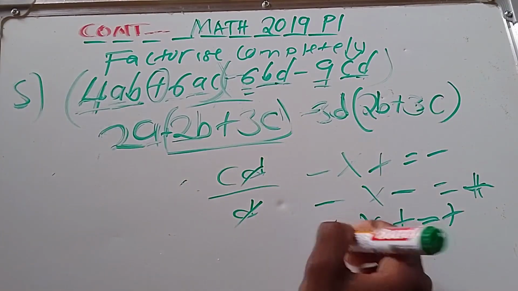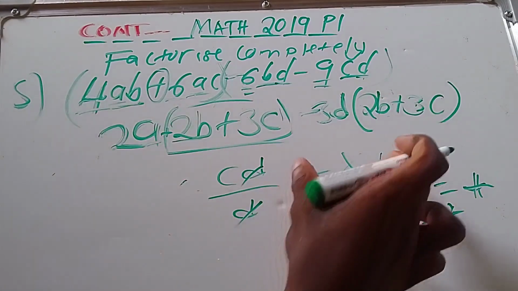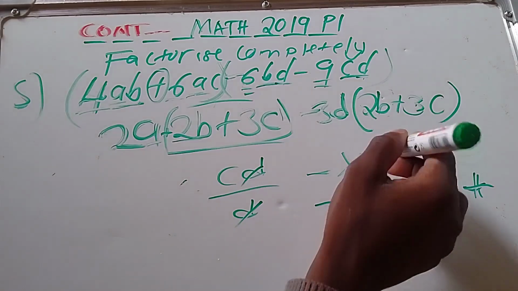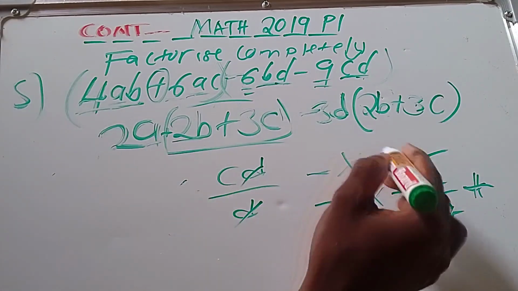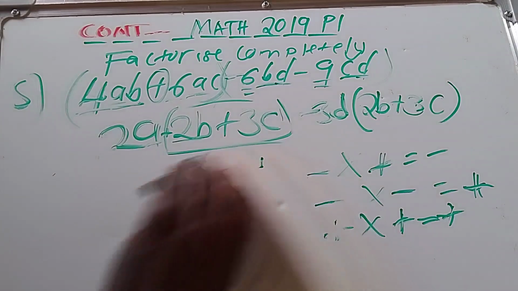But if you multiply positive times itself, it produces the same positive sign. But where you have a negative sign and a positive sign, just know that if you multiply these two, they are going to give you a negative sign.